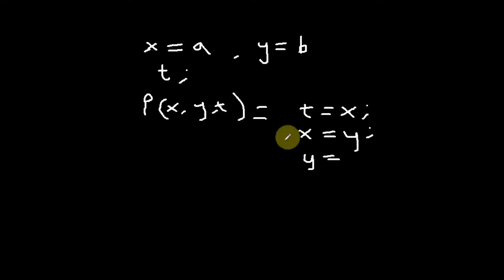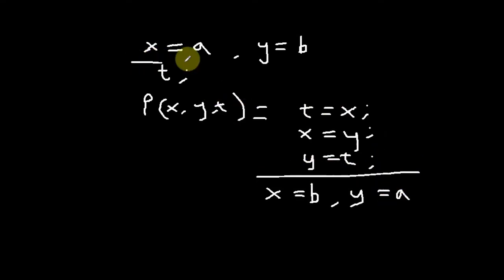So the value of y has gone to x, so x is equal to b, and the value of x that was given to t is then given to y. So y is equal to a. So basically what you did is you swapped the two numbers. So x is equal to a, now x is b.